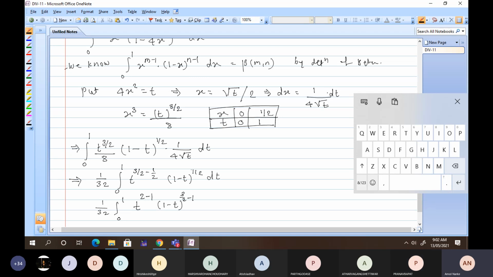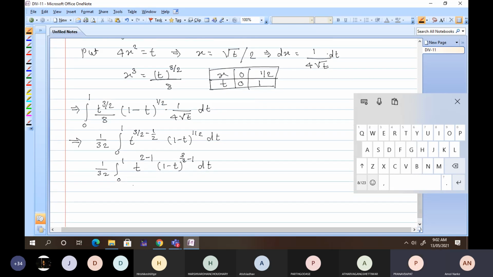Half minus 1 is nothing but half. So you will get this into dt. This is nothing but 1 divided by 32 into beta of 2 comma 3 by 2.